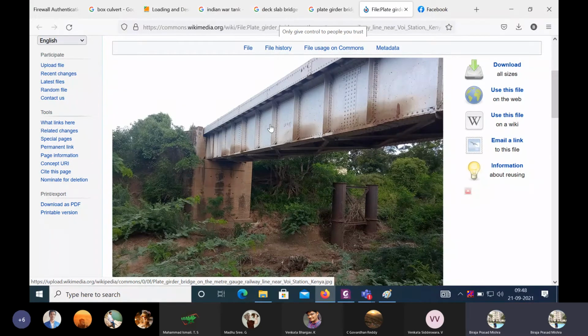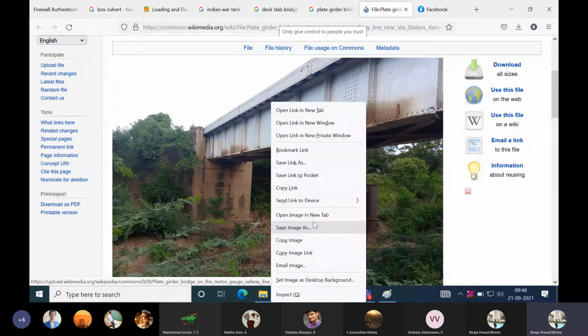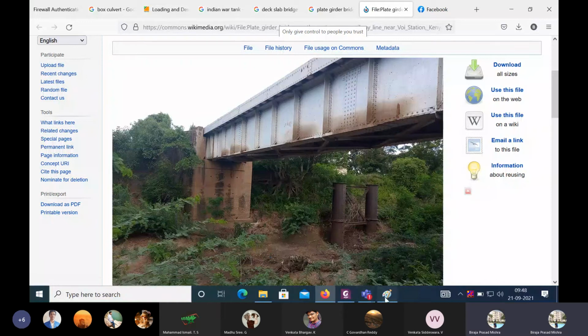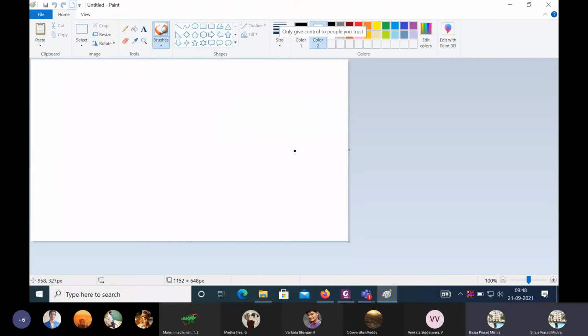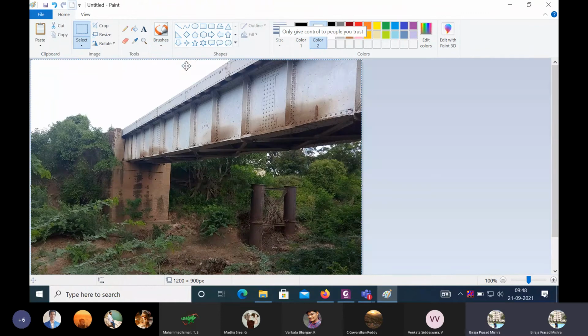Let me copy the image. Here this one is a plate girder bridge. You can see that on the two sides we have two different plates. The one is here. Let me take some brushes or inks.